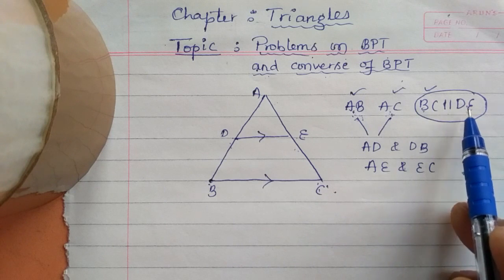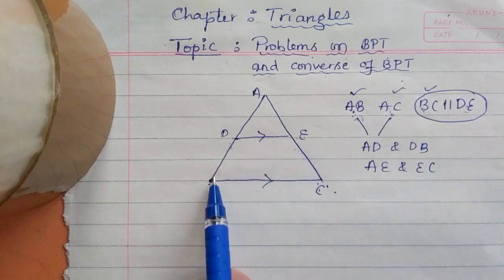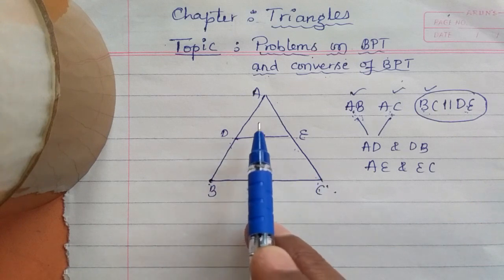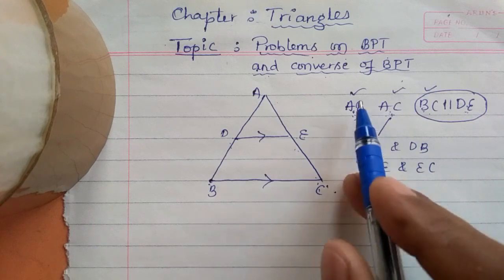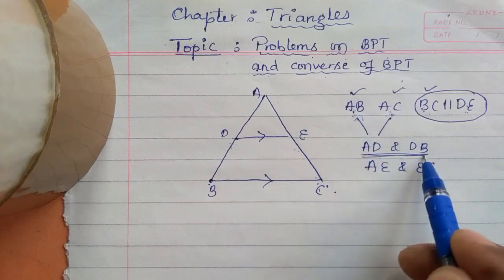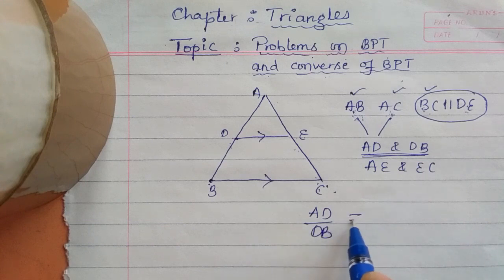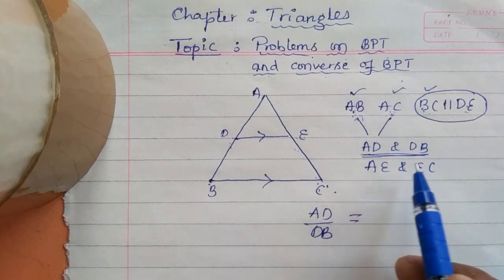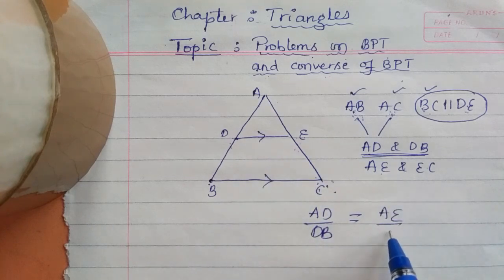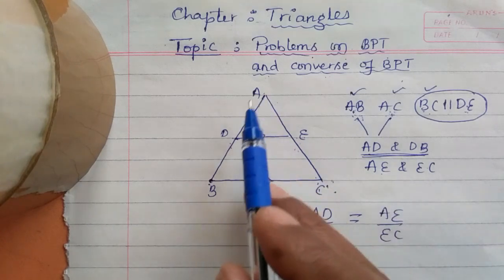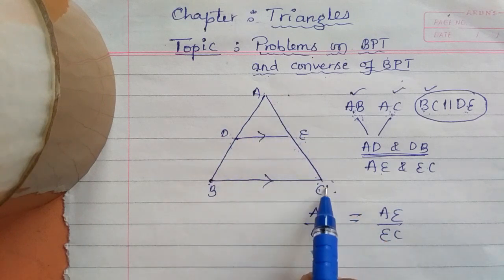A line drawn parallel to BC divides the other two sides, AB and AC, in equal ratio. That means AD by DB is equal to AE by EC.